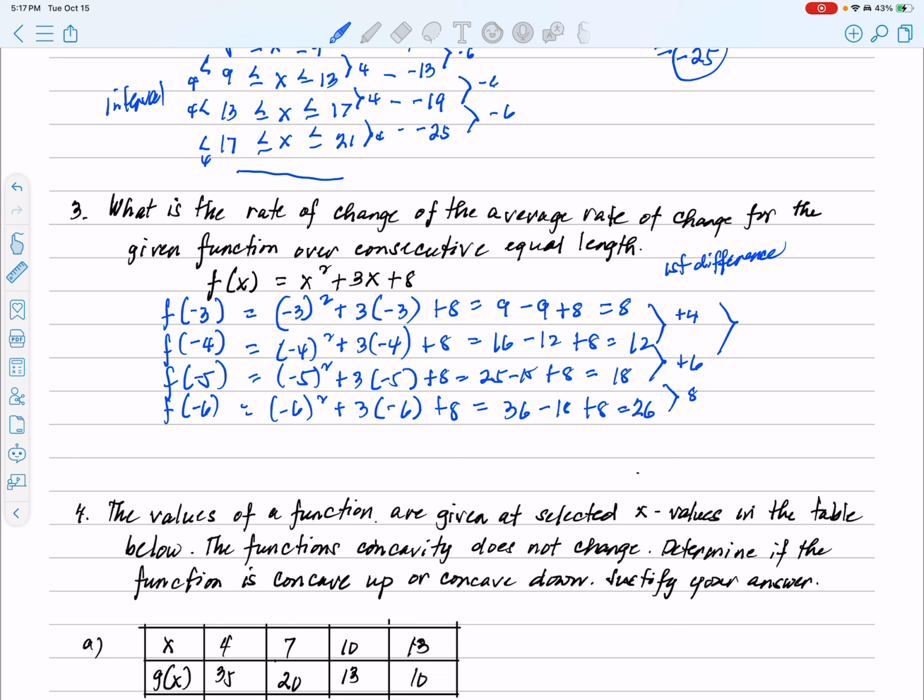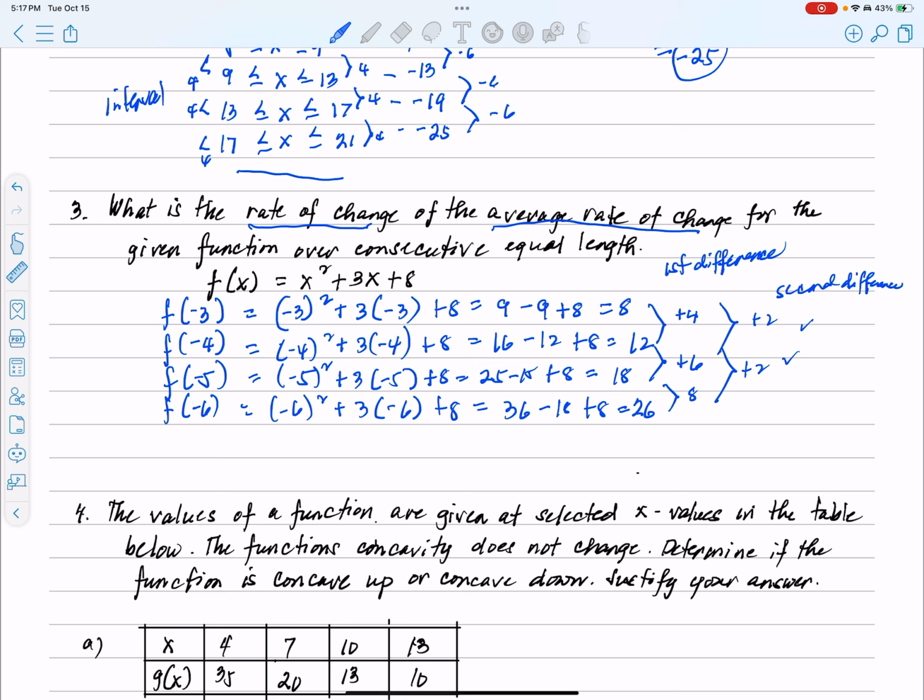4 to 6, we add 2. 6 to 8, we add 2. This is the second difference. Take note, we are asked to get the rate of change of the average rate of change. So in other words, this is our rate of change.